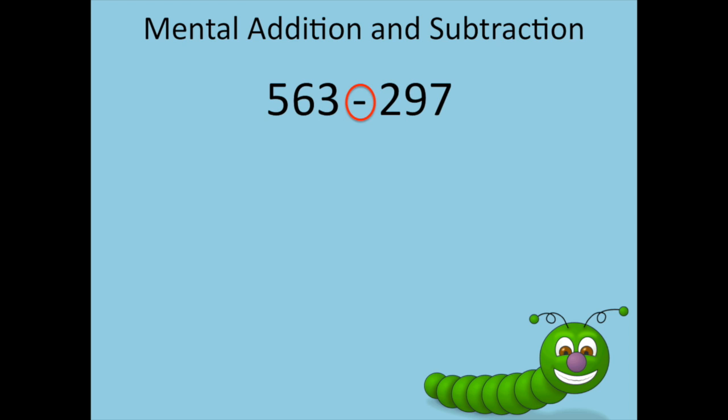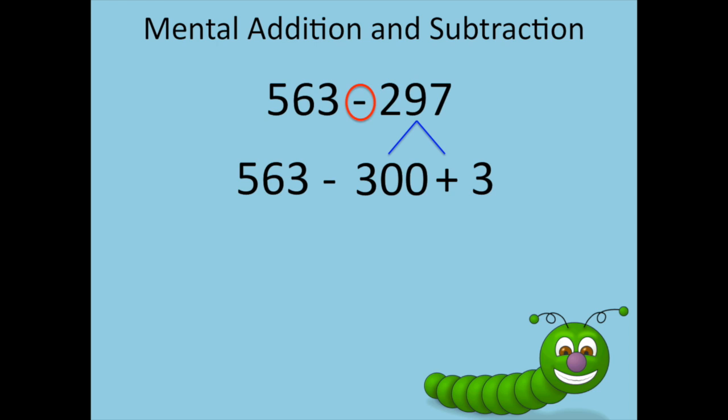So when I break 297 up, if I want it to become 300, I'm actually going to rewrite it as 300 minus 3. Now this is where it gets kind of a little tricky, so let's take another look at this. I'm going to rewrite the whole problem: 563 minus 300 plus 3.